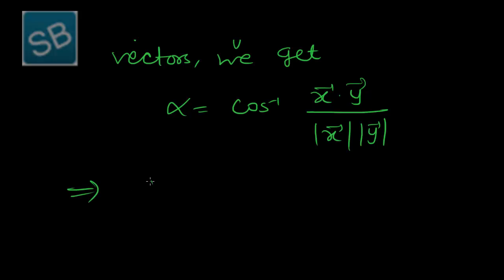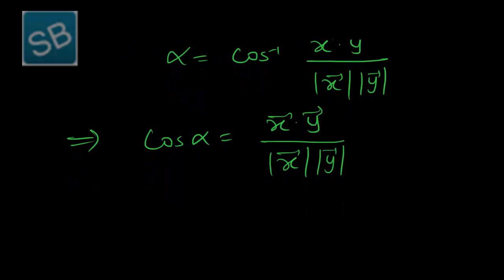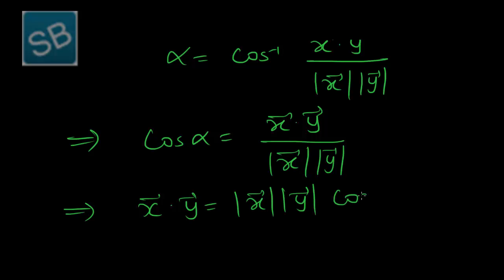So we get cos alpha is equal to x dot y over modulus x over modulus y. So by cross multiplication we get x dot y is equal to modulus x modulus y cos alpha. So this can be used in this form also.